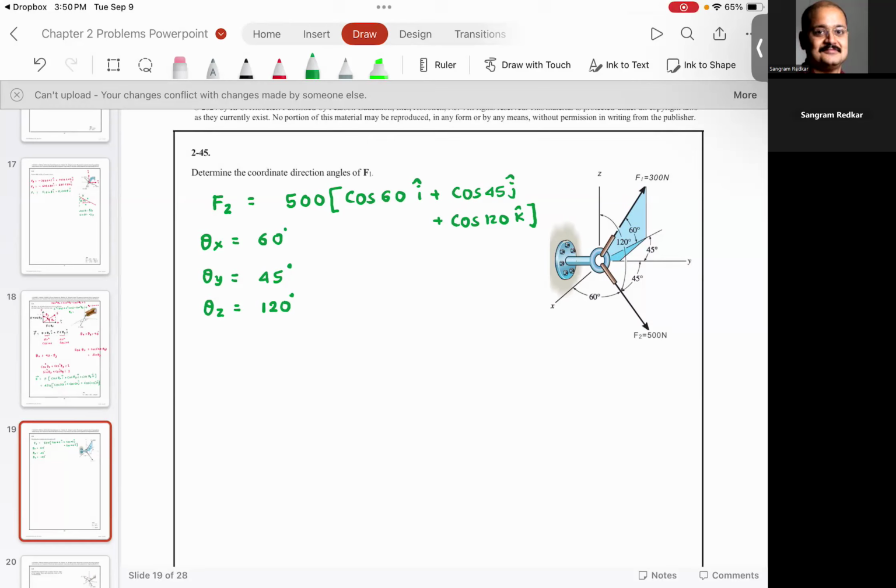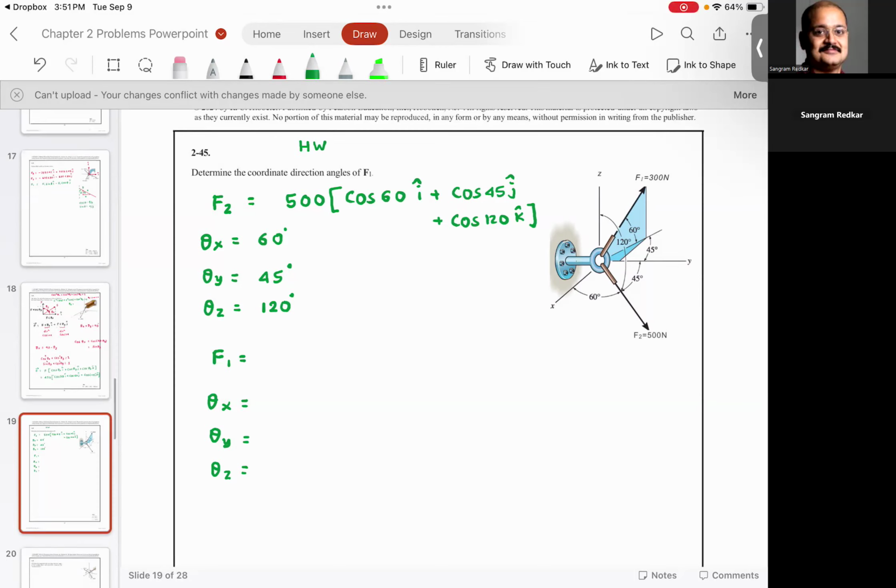For F1, please find theta x, theta y, and theta z. This part I'm going to give you as homework. And if you have any questions, please look at the solution manual.